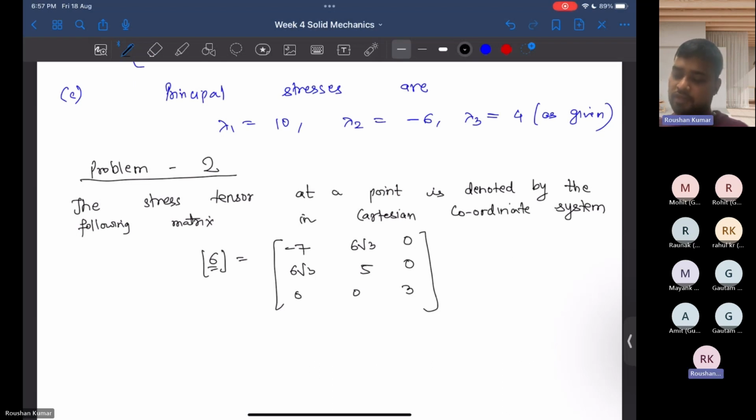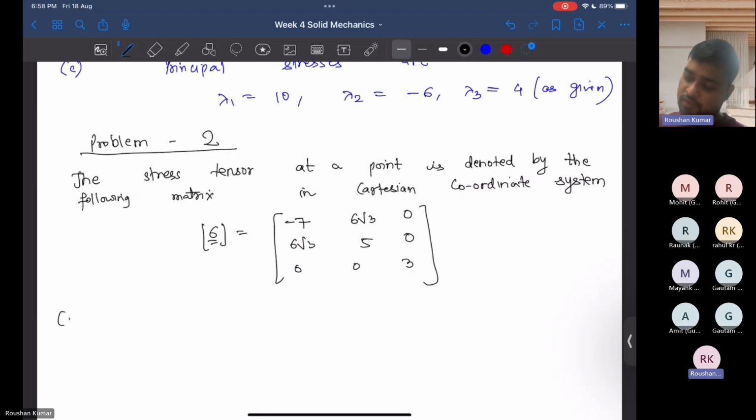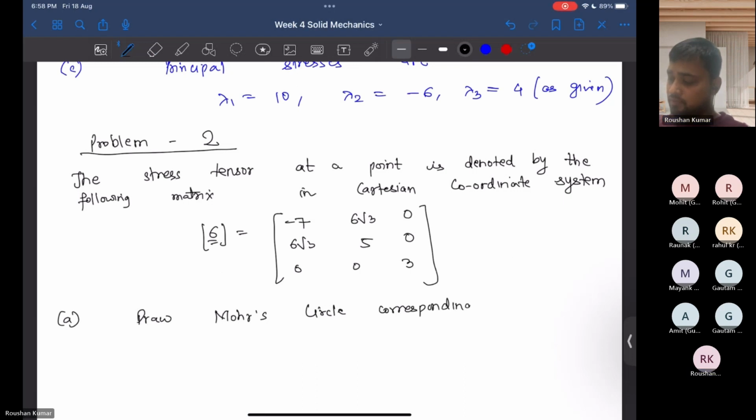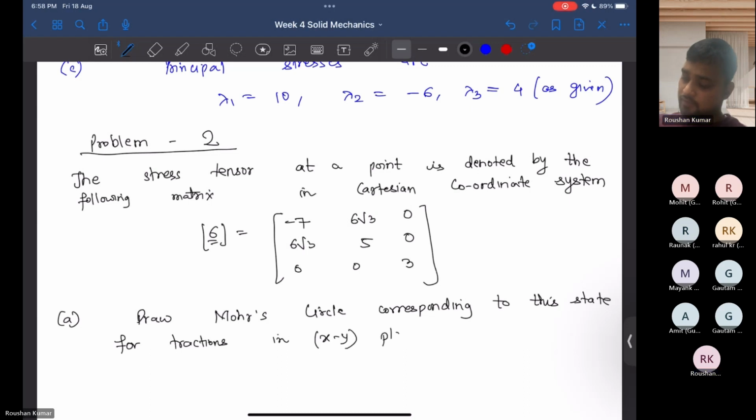Based on this statement, we have 4 questions that we have to find. The first part of the question is, draw the Mohr circle corresponding to this state for tractions in xy plane.